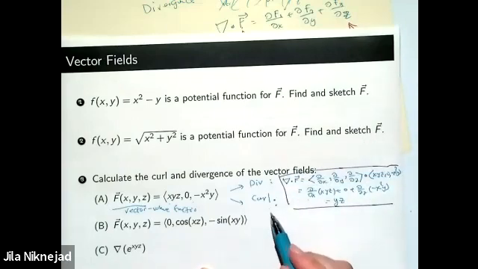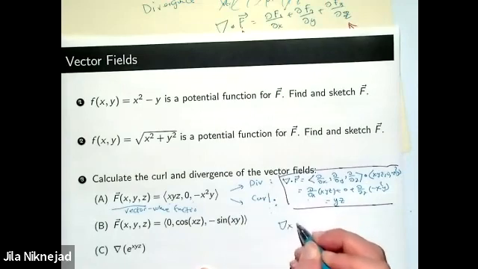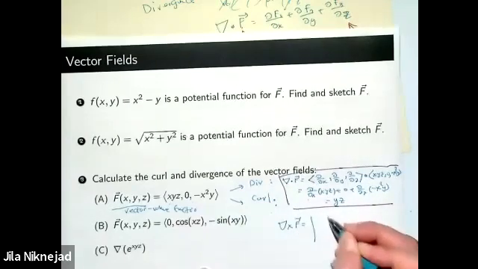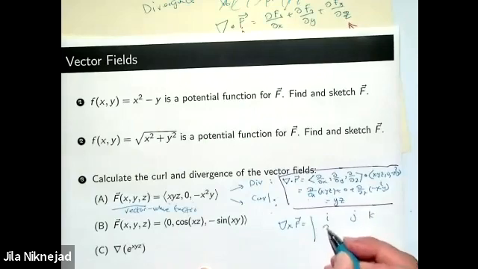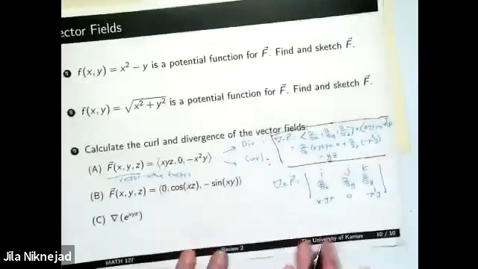Now let's compute the curl of the vector. i, j, k, partial with respect to x, partial with respect to y, partial with respect to z, x, y, z, 0, negative x squared y.